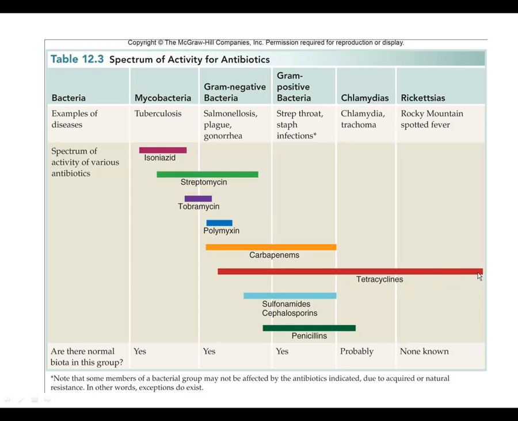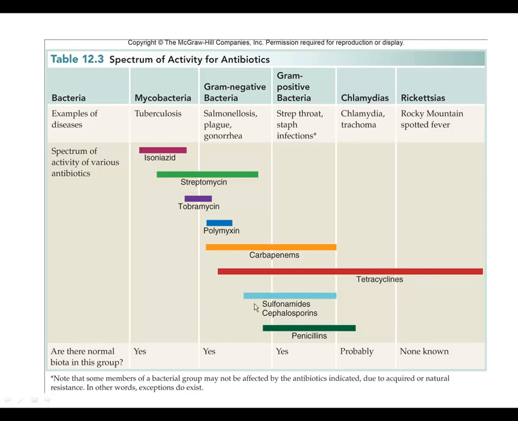These are what we would call a very broad spectrum antibiotic. The sulfonamides, the cephalosporins, the penicillins, again, are primarily going to be for these gram-positive organisms, but they're going to take care of the gram-negatives somewhat as well. But you can see here, are there normal biota in this group? Yes, we have some bacteria that are part of the normal flora in all of these groups, except for this last one with the rickettsias.